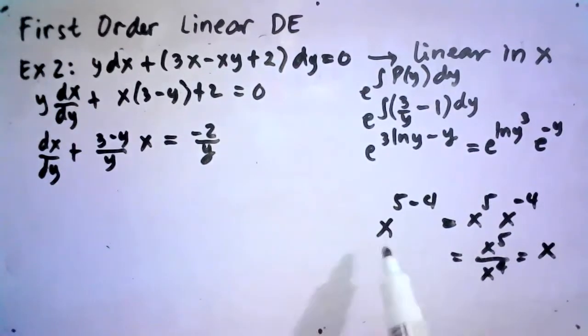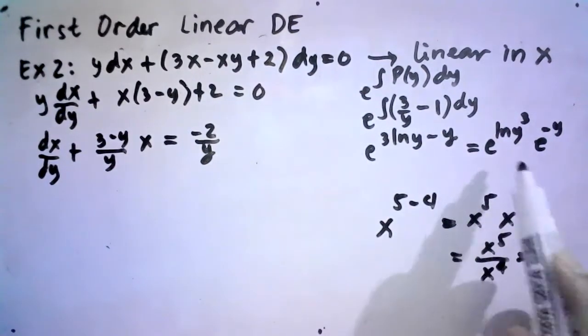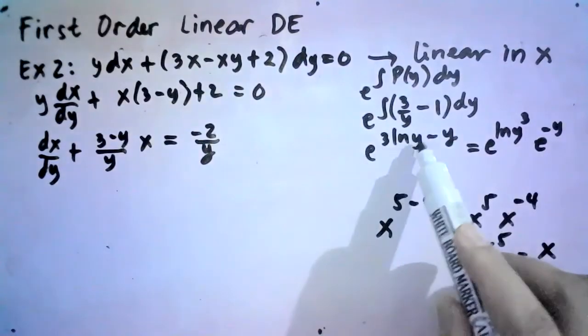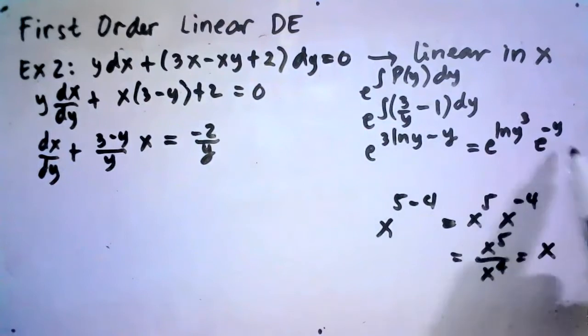This is the case for e raised to 3 ln y minus y. Okay, so I will erase this one.